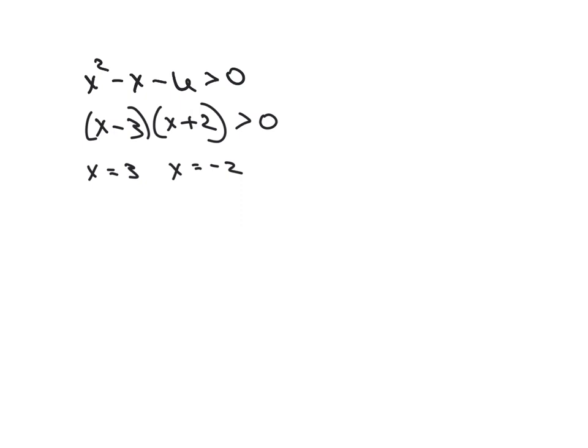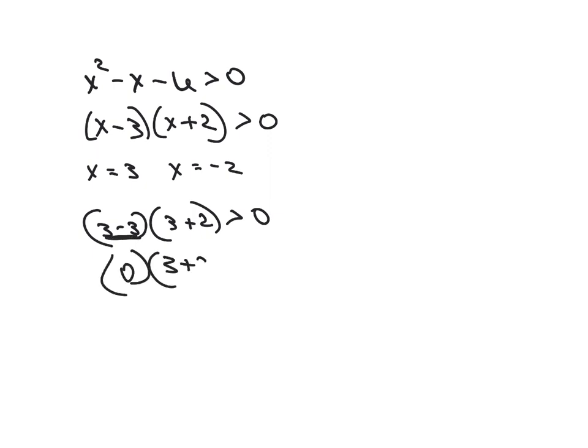And let's just look at this again, because if x is 3, then we get 3 minus 3 times 3 plus 2 is greater than 0. So 3 minus 3 is 0 times 3 plus 2 is greater than 0. So is this greater than 0?